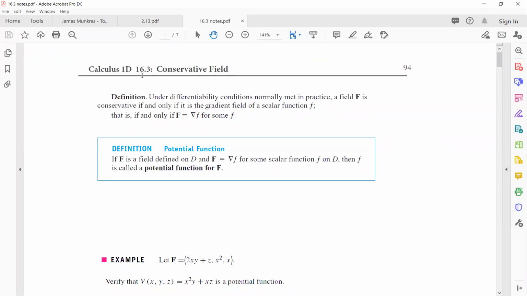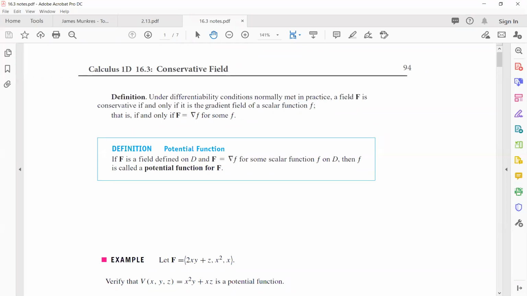16.3, conservative field. Okay, here we have a new definition. We're going to use the gradient that we learned before and define a new property for a new type of vector function. So we say that suppose you have a differentiable function.